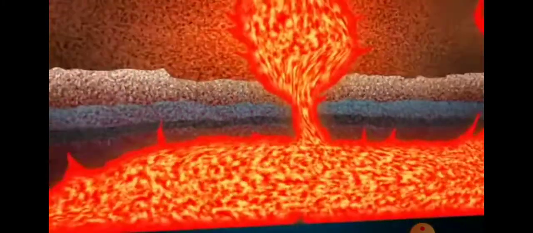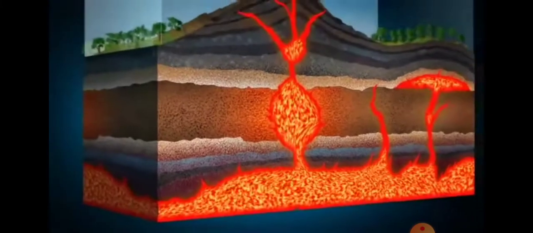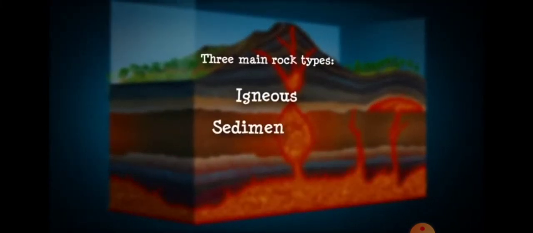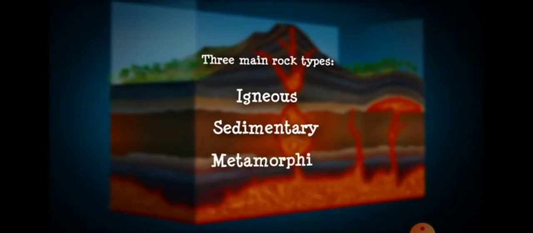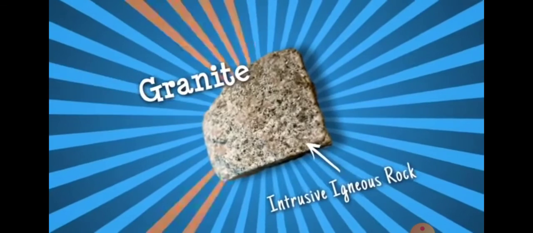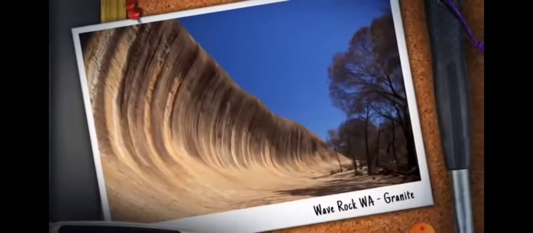Minerals can crystallize from semi-molten rock called magma. When magma cools and solidifies, it forms igneous rocks, one of the three main rock types: igneous, sedimentary, and metamorphic. Granite is an intrusive igneous rock, commonly found on the Earth's continents.